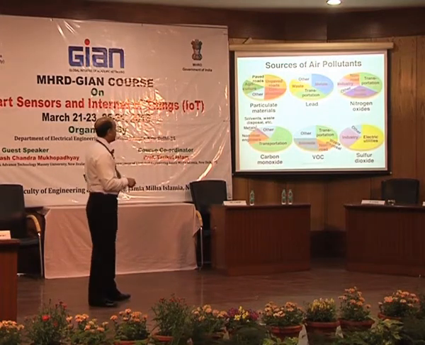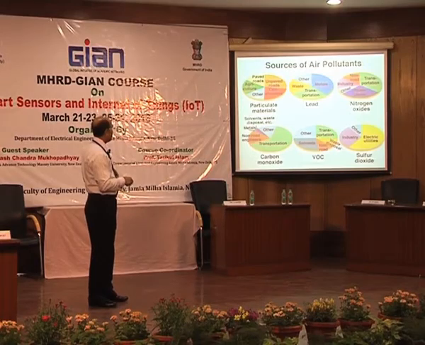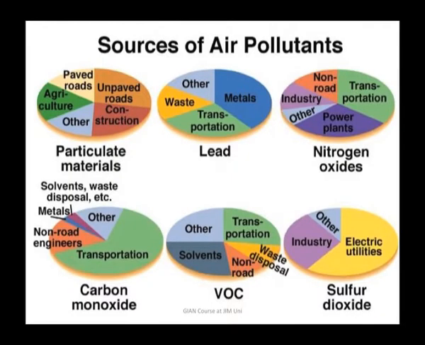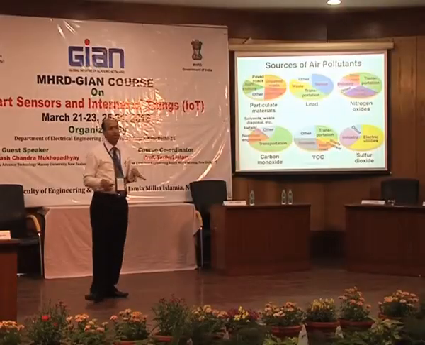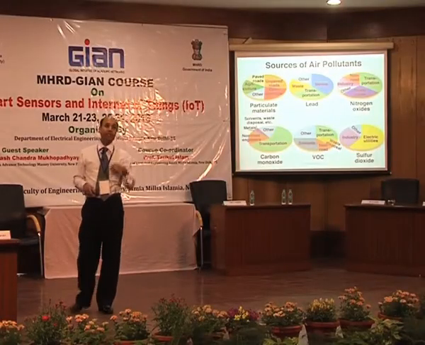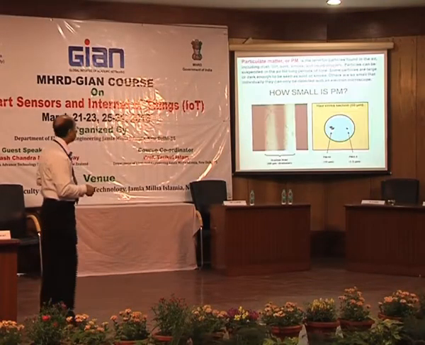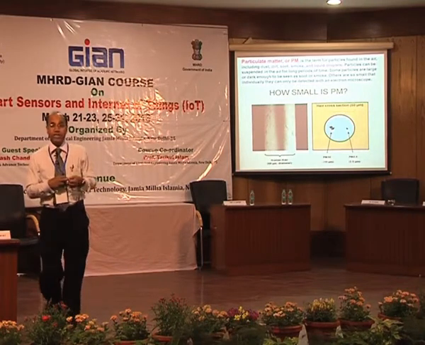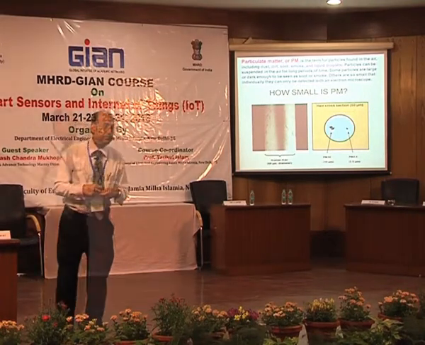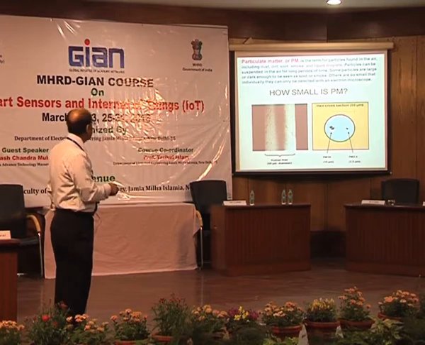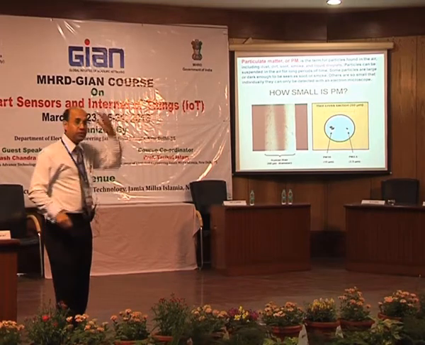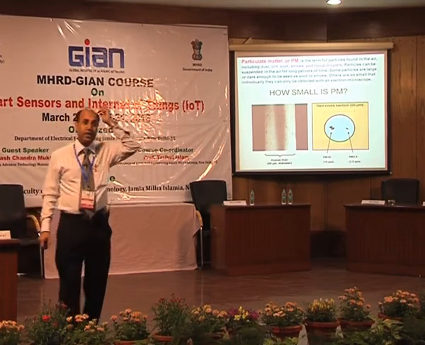Lead is one of the constituents of air pollution, along with nitrogen oxides, carbon monoxide, volatile compounds, and sulfur dioxide. So there are many compounds which actually pollute the air. You may ask what exactly PM 2.5 is. So I will give you a comparison.